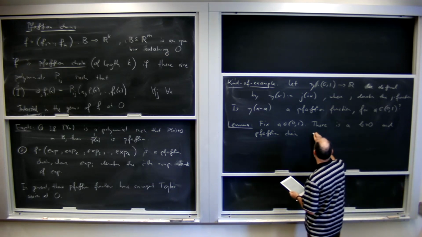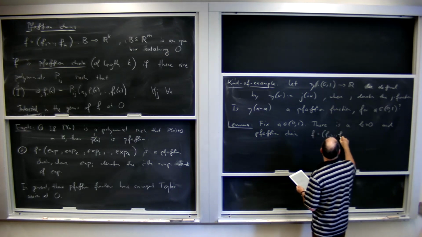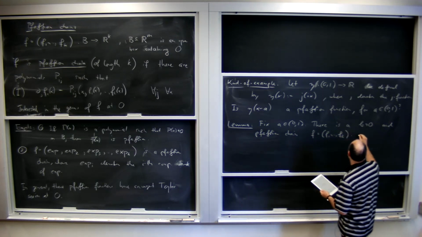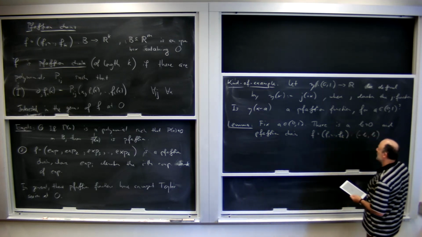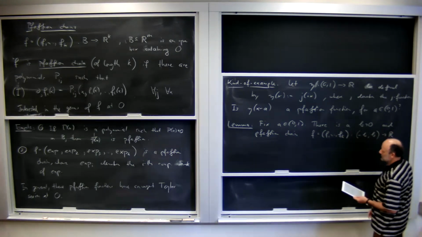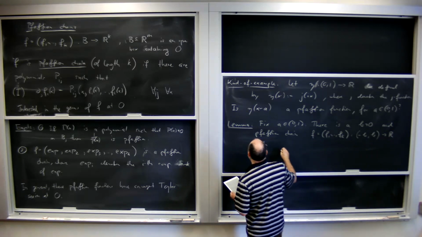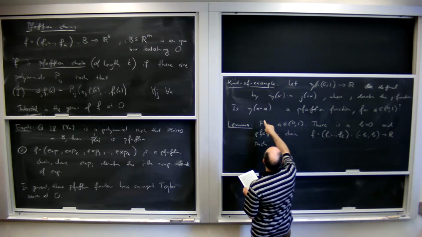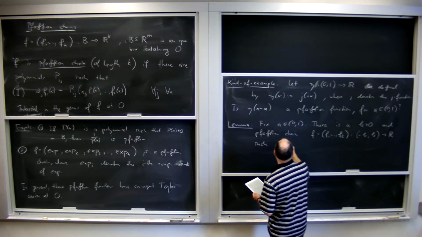The Pfaffian chain f is defined on the interval from minus b to b with real values, such that f_k is close to the j function at a.